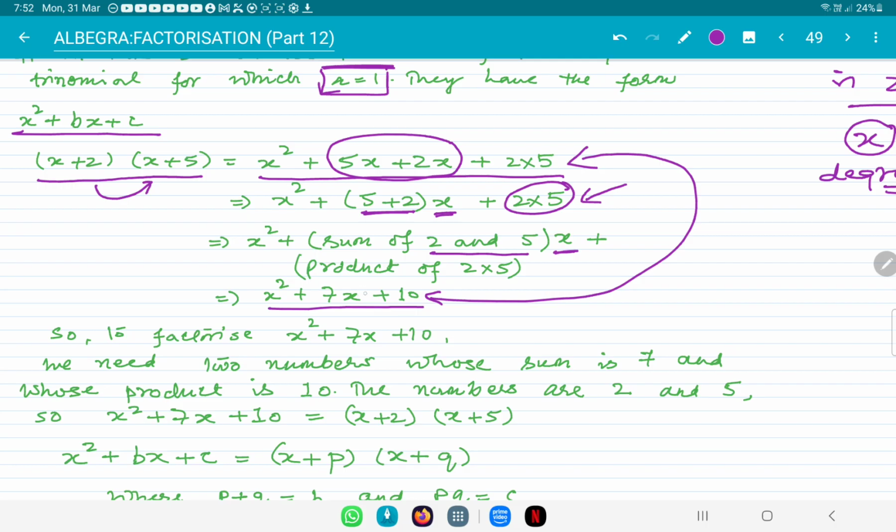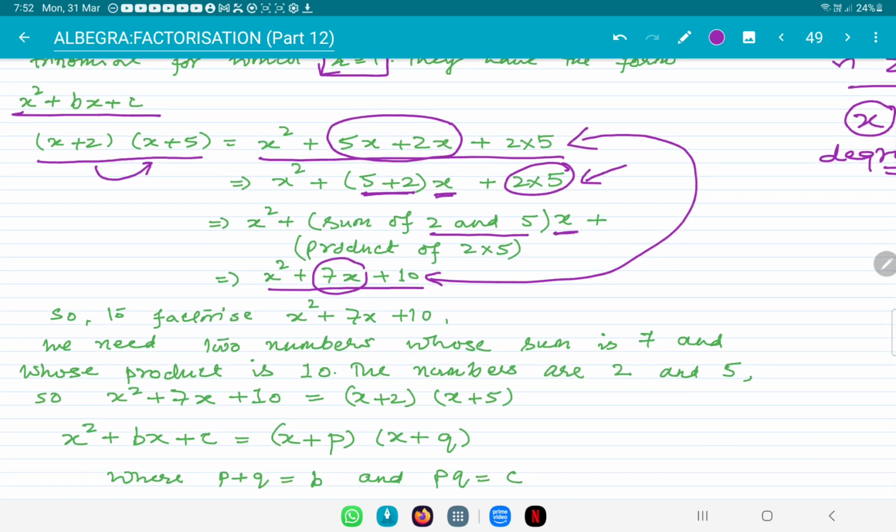We separate 7x into two terms, 5x and 2x, and when we add them we get 7x, and when we multiply 5 and 2 we get 10. In further videos I will explain what happens when we take a other than 1. Here we are taking a equal to 1.